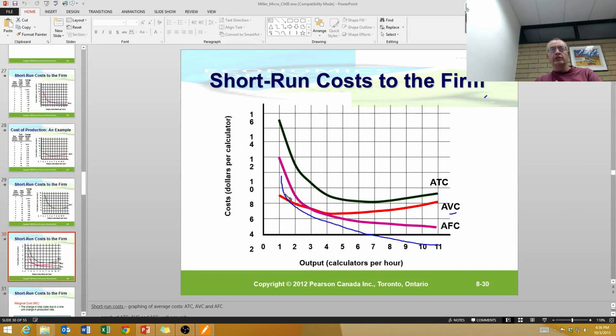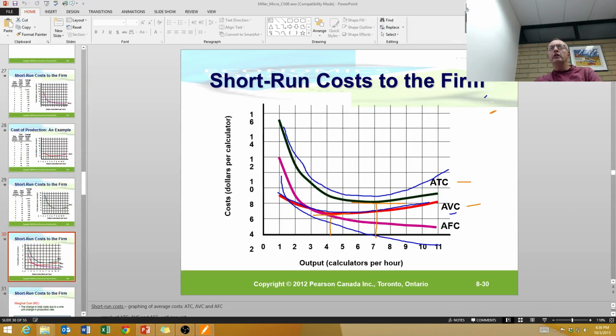Average variable cost has this U shape to it, and the average total cost also has a U shape to it. However, it's worth pointing out that the minimum points of the two cost curves, total and variable, are at different points. Anyways, we'll come back to that.